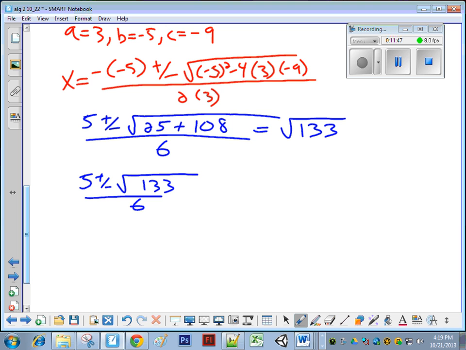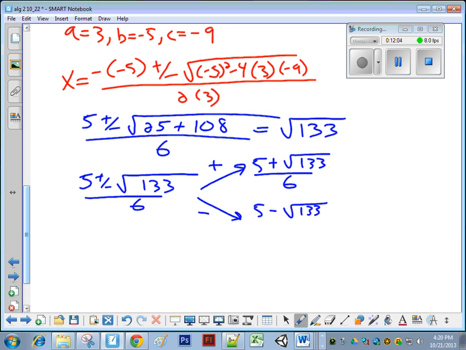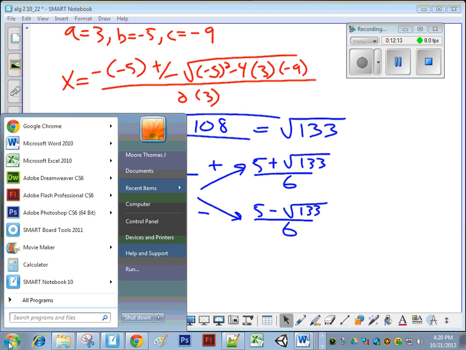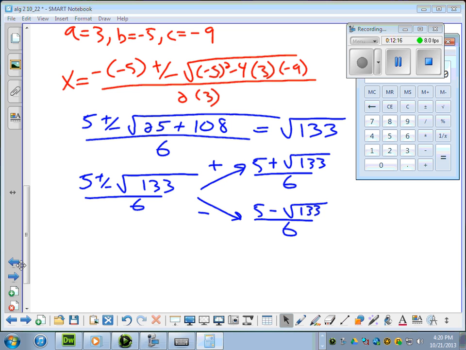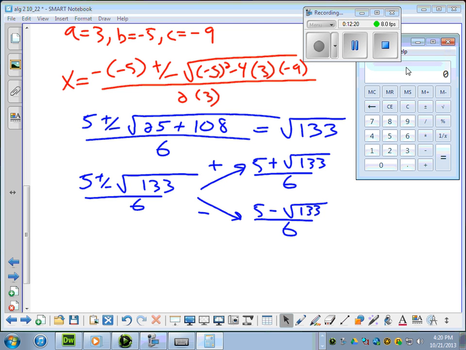Now, in a lot of cases, I'll go ahead and branch it out this way just for simplicity: 5 plus root 133 over 6, and then for my negative root, 5 minus the square root of 133 over 6. And depending on the situation, in some cases we can leave the answer like that. In other cases, we might want to go ahead and find an approximation for that.